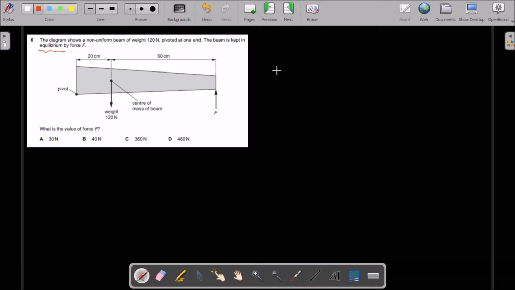So according to this, we know that moment is equal to force times perpendicular distance to the pivot. So the pivot is here. For the anti-clockwise moment, we have only one force times distance to the pivot.